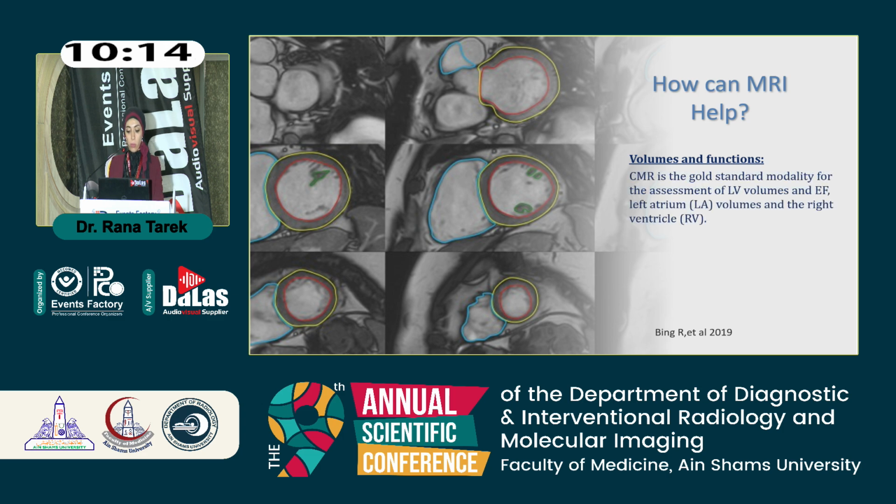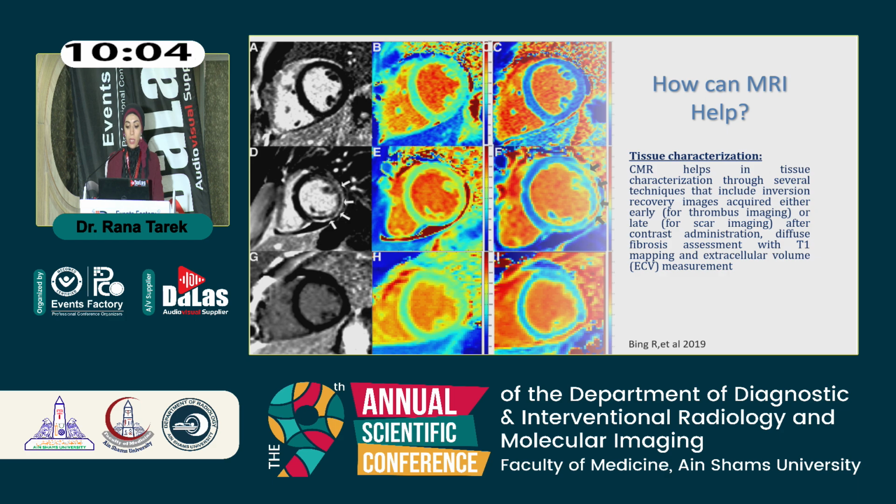Of course, the volumes and functions. Cardiac MRI is the gold standard for the assessment of LV volumes, ejection fraction, left atrial volumes, and the right ventricle. And of course, tissue characterization. As Dr. Shayma has given some examples in acute chest pain, cardiac MRI helps in tissue characterization through several techniques, including the mapping techniques.